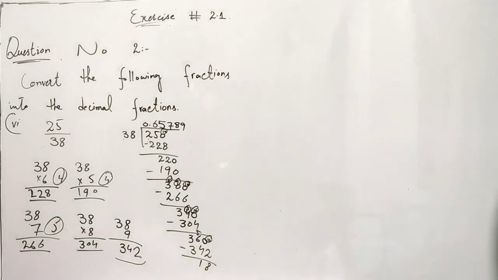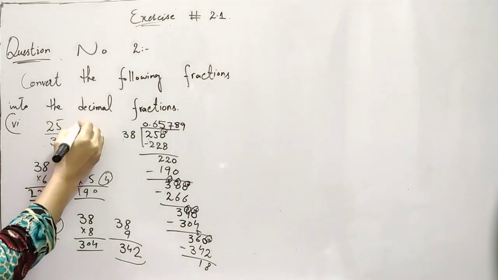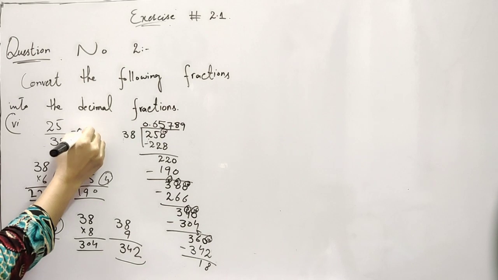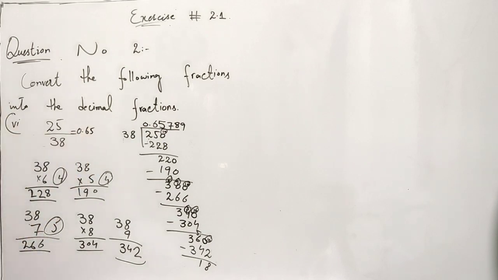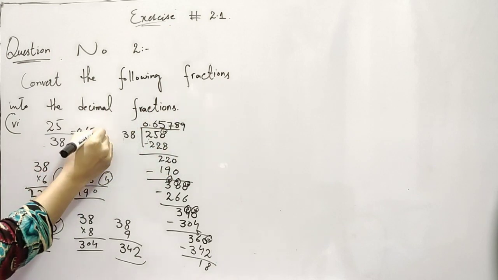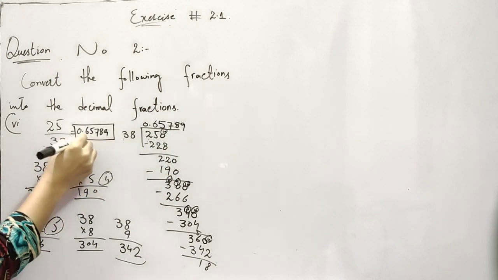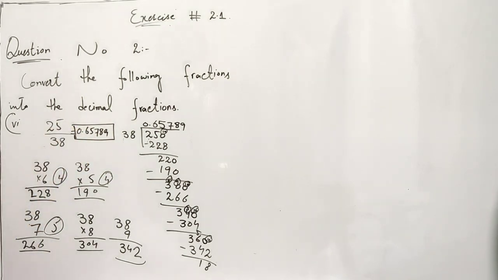We will get 18. So we have no need to solve this more, because we only need the fourth or fifth digit after the point. So we will terminate our procedure here. So this is the answer of 25 over 38 in decimal places.